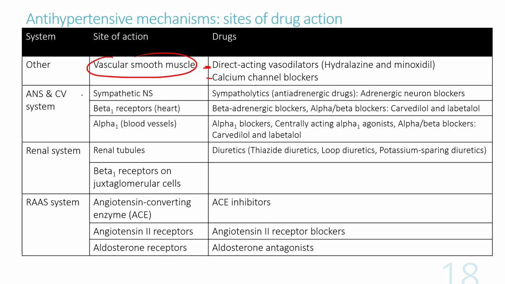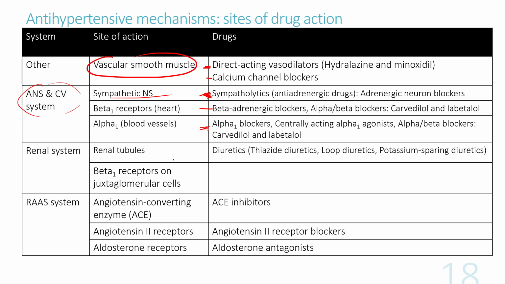You can also choose to alter the effect of the autonomic nervous system, largely through the sympathetic nervous system. So you can block the sympathetic nervous system either globally or directly through blockage of the beta-1 receptors in the heart or the alpha-1 receptors in the blood vessels, right?